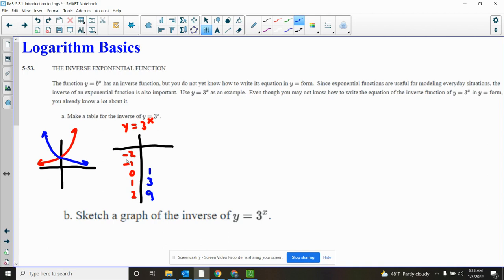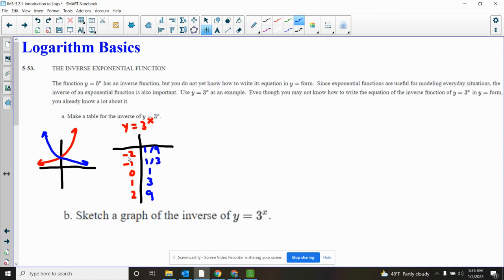Now with negative exponents, this can be confusing for folks, so here's your refresher. Negative exponents just give you fractions. That's all they do. So 3 to the negative first is just the reciprocal of 3 to the positive first. So instead of a 3, it's going to be 1 over 3, 1/3. 3 to the negative second is not going to be 9, but rather 1 over 9.